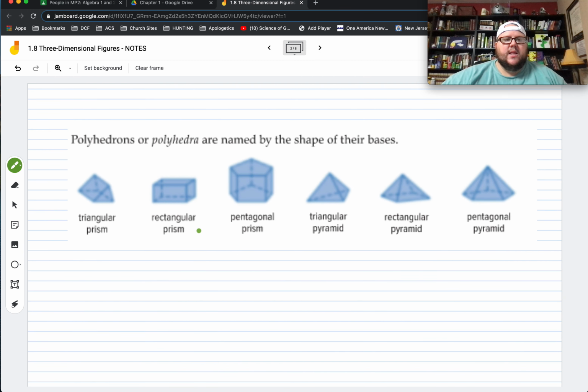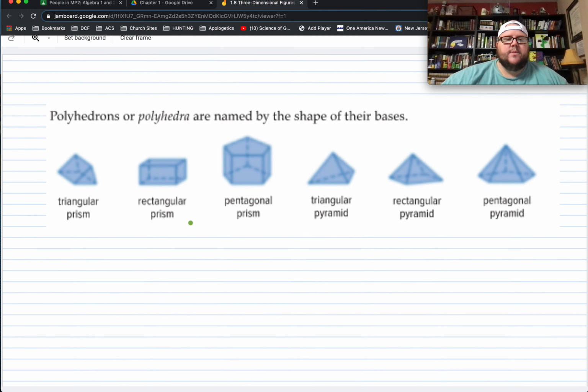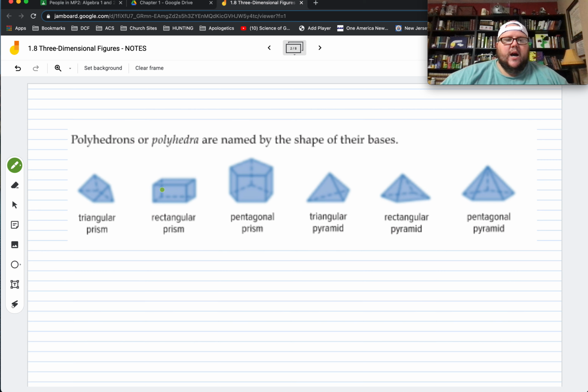So here's a list of other ones. You would do well to draw these out on your own on a separate sheet of paper. You would do well to memorize these. Look at these. This is a triangular prism. If you notice, it's a three-sided shape, but there's no point. It's a prism. A rectangular prism, there we go, the rectangular polyhedron.